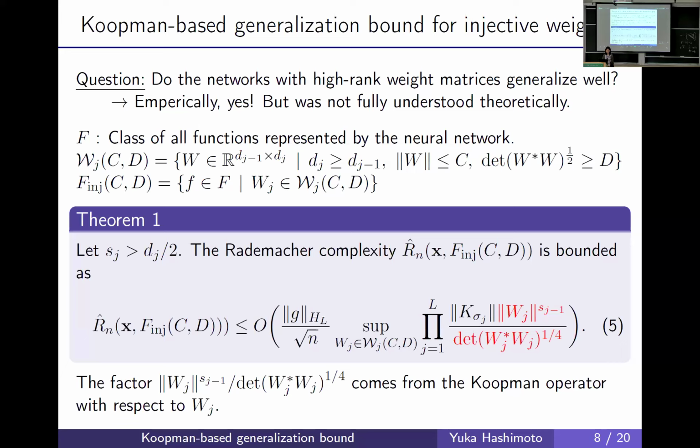So here our question is that, we know what happens if the weight matrices are low rank or have small singular values, but what happens if the weight matrices are high rank?